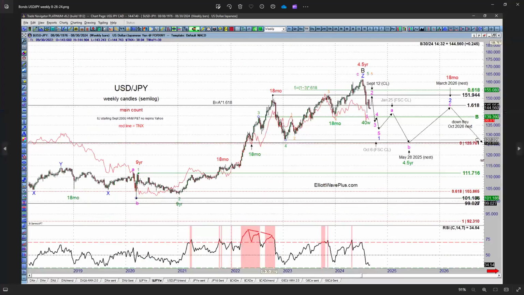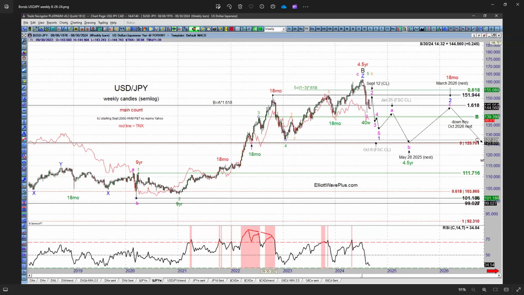Another thing I wanted to show you while I'm at this is the USD JPY. This is a weekly chart, and the red line, the overlay there, is TNX, which represents bond yields. Notice that bond yields recently have been coming down, and you can see historically how very highly correlated the USD JPY pair is to bond yields.